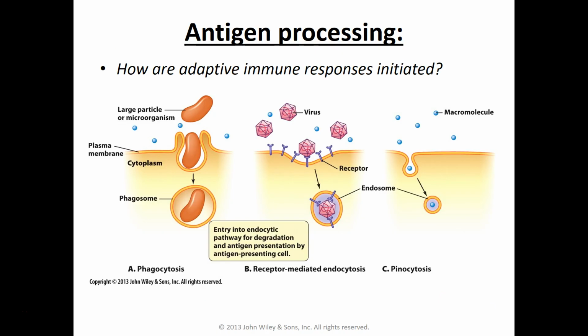So in order to get this process started, we have to have some way of that presentation that you saw happening in the very first picture in that flow chart. So cells can, especially phagocytic cells, do phagocytosis, where they literally take large things like bacteria and viruses and engulf them and, remember, destroy them.